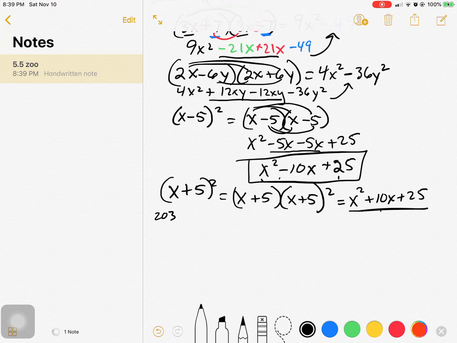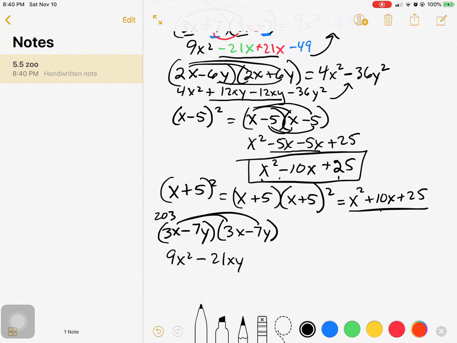On page 203, they have 3x minus 7y squared. So that'd be 3x minus 7y times 3x minus 7y. So this times this, let me do that on top like I've been doing, is 9x squared. This times this is minus 21xy.